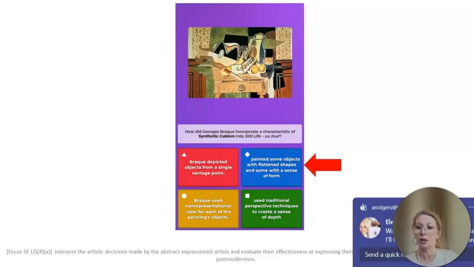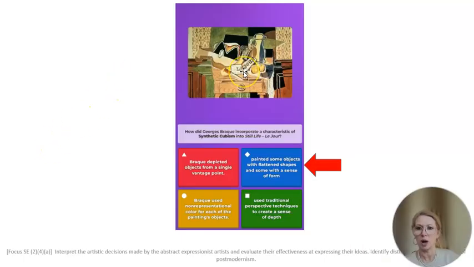So if you'll remember, Braque was one of the other inventors of Cubism, he and Picasso. So he painted some objects with flattened shapes and some with a sense of form. If you look at this closely, or if you can make it larger, I think you would very easily be able to see that. You can also find this artwork in the text.